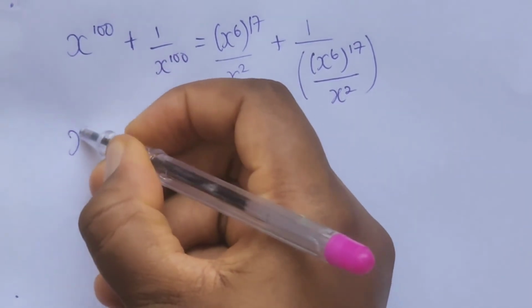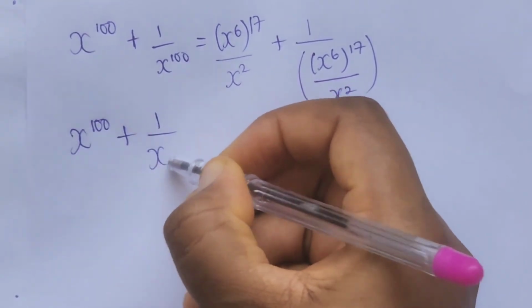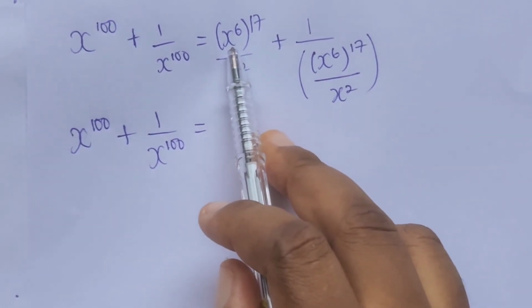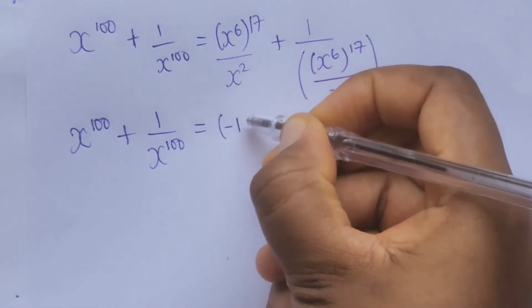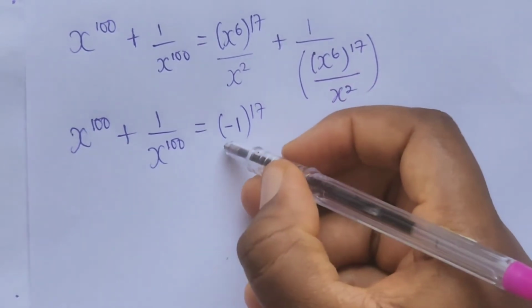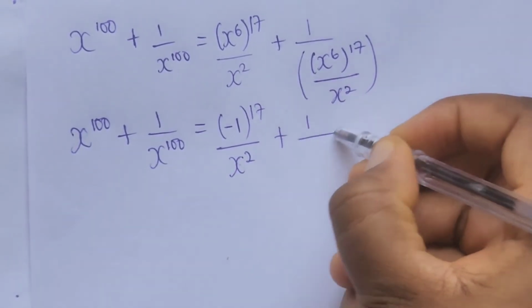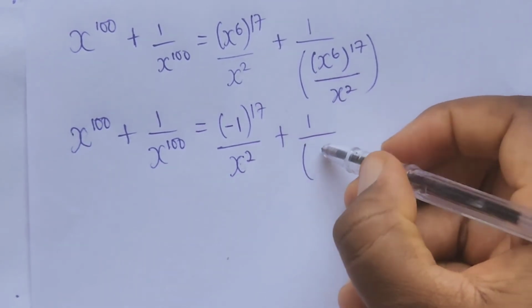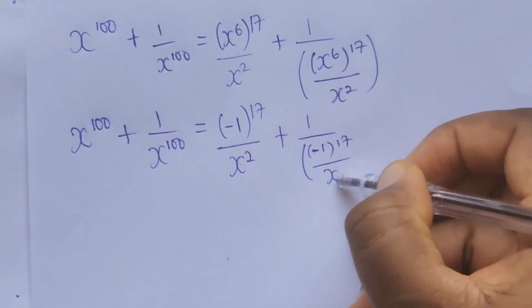Let's recall that our x to the power of 6 is minus 1. So I have minus 1 raised to the power of 17 over x squared plus 1 over minus 1 to the power of 17 over x squared.